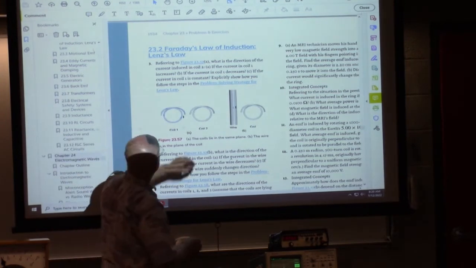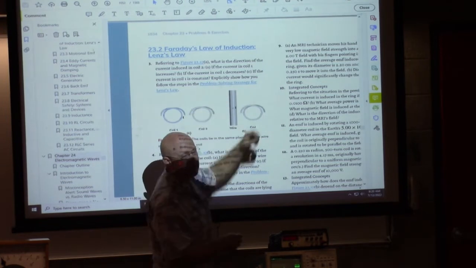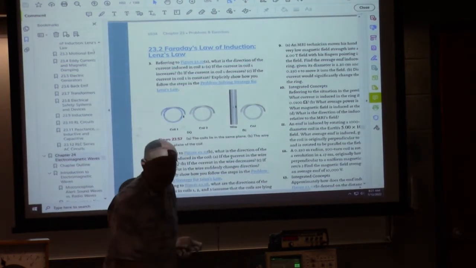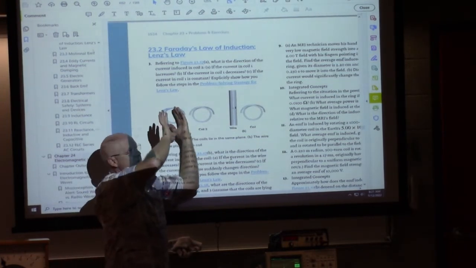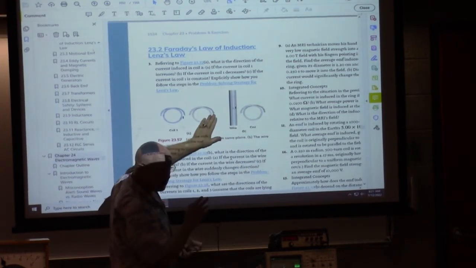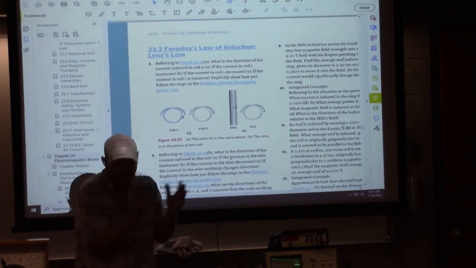B says, if the current in coil 1 is decreasing. All right, so coil 1, the flux comes out and wraps around, so nothing has changed there, so the flux is going in. And let's just say for a number, it's at 10, whatever the value is.